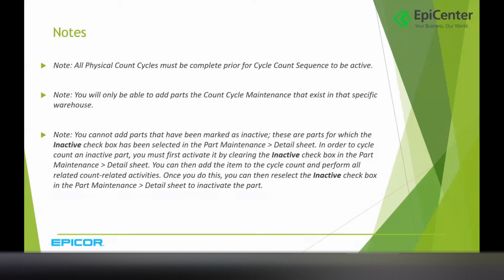If your parts are inactive, those will not be included. You have to go back and make them active. Then you can do the count, and then you can decide to adjust them out of inventory, scrap them, whatever you're going to do with them, and make them inactive again.